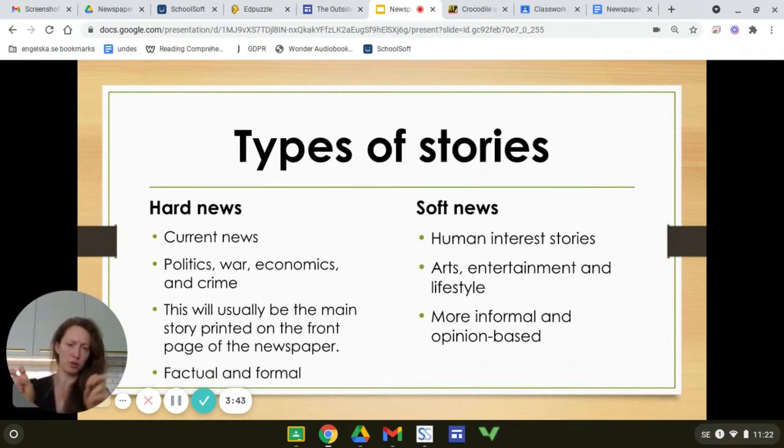And then soft news would be human interest stories. The nice neighbor saved this guy's cat from the tree. That's human interest. Arts and entertainment, lifestyle, a little less formal. It's more opinion-based. That would be considered soft news.